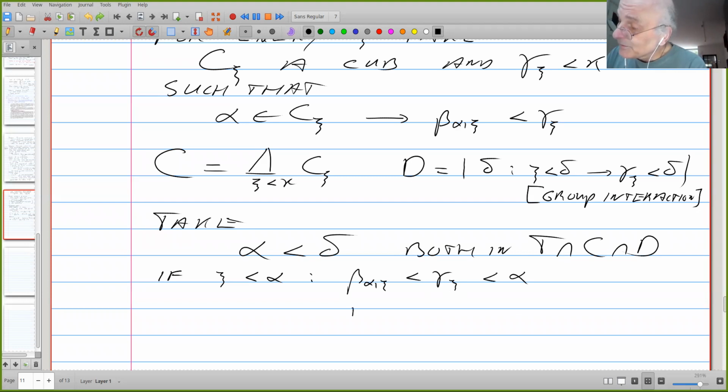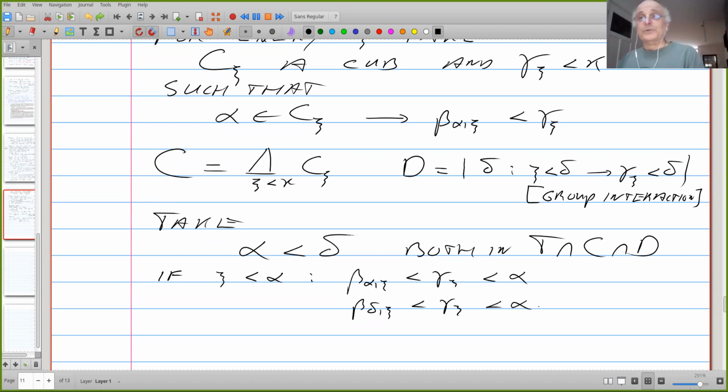But also, beta delta psi is less than gamma psi, still less than alpha.